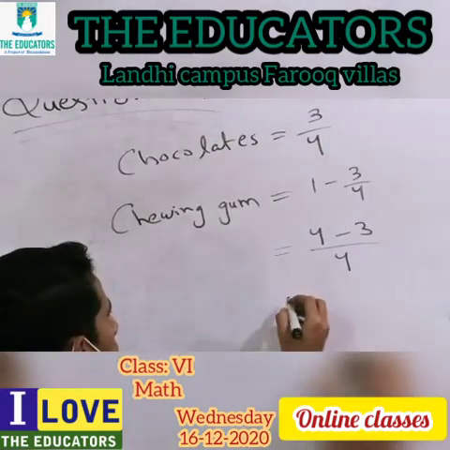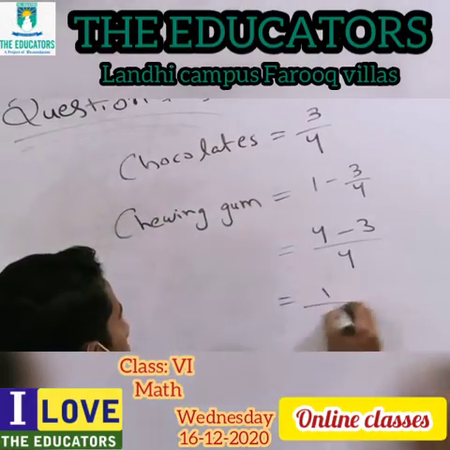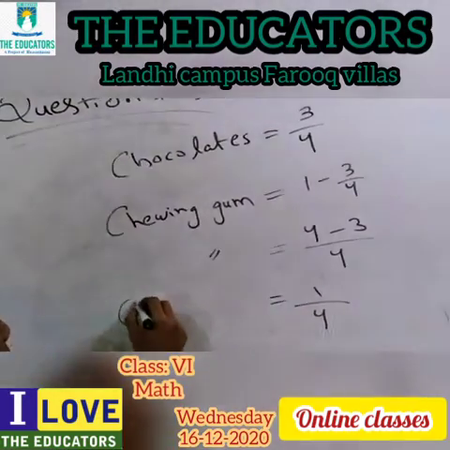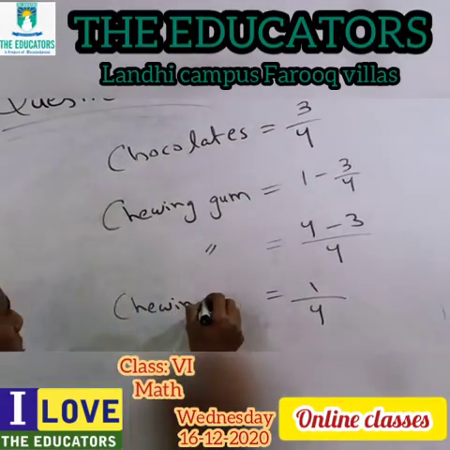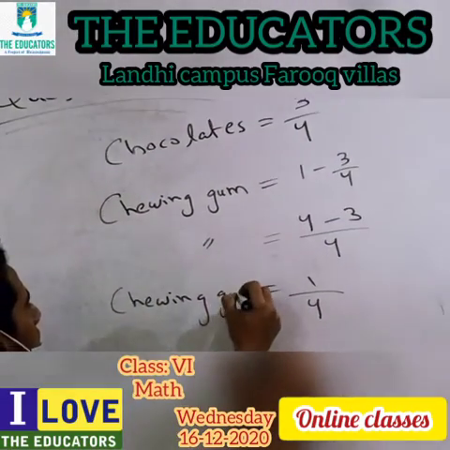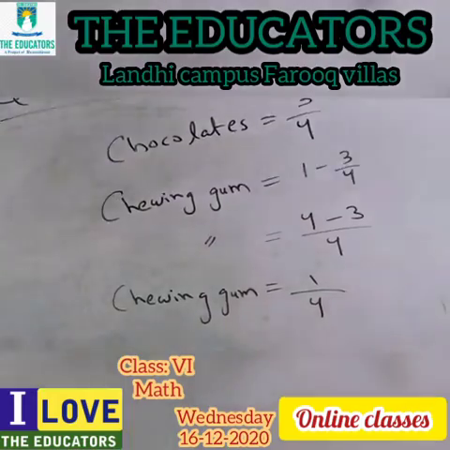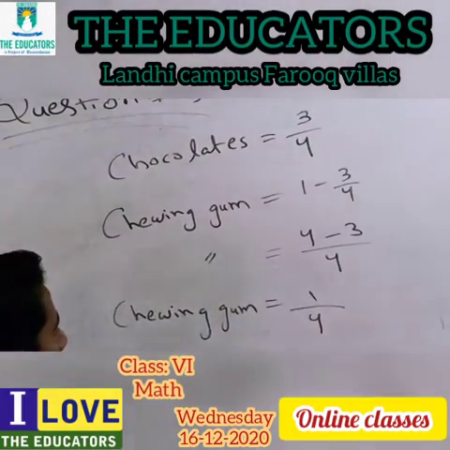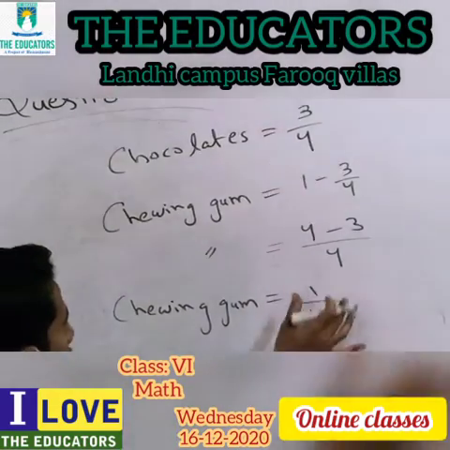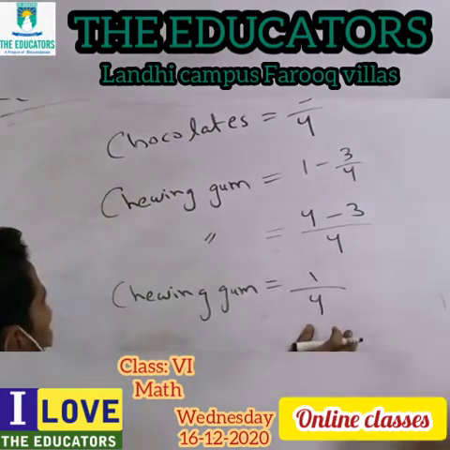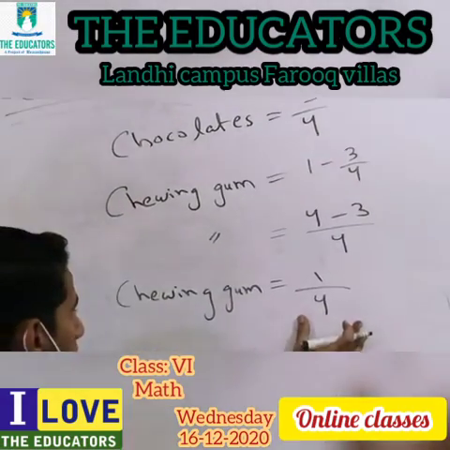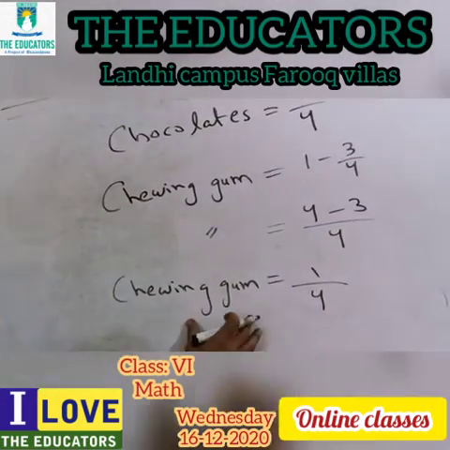So 4 minus 3 equals 1, and then 4 comes as it is. Okay, so chewing gum. So Samina spends 3/4 of her pocket money on chocolates, and Samina spends the rest. The rest means 1/4. Okay, so we have figured it out. What's rest? That's 1/4. So Samina spends 1/4 of her pocket money on chewing gum.